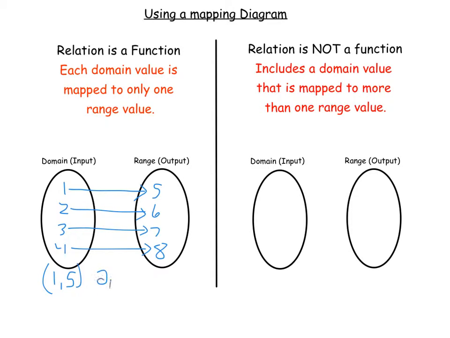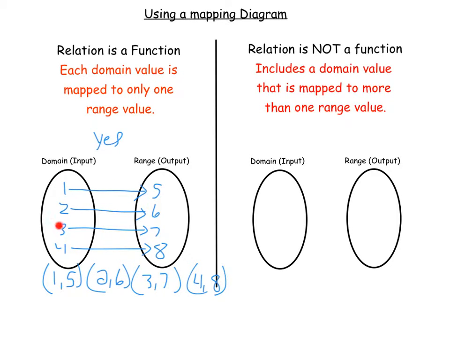The 2 has the output of 6 every time. The 3 has an output of 7 every time. And the 4 has an output of 8 every time. So there's our set of ordered pairs. So yes, it is a function because every input has only one output. When we put in a 1, we know that we're going to get a 5.